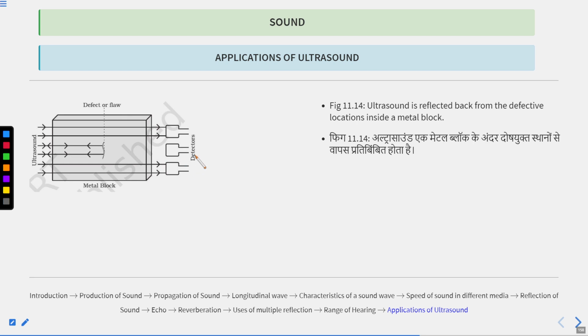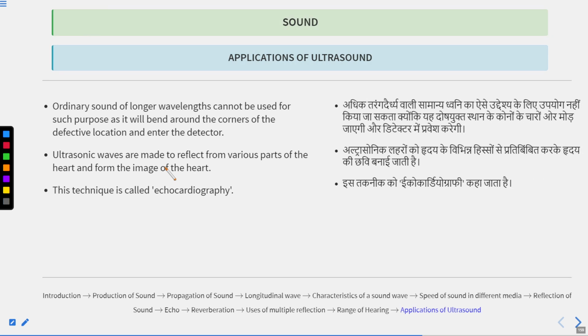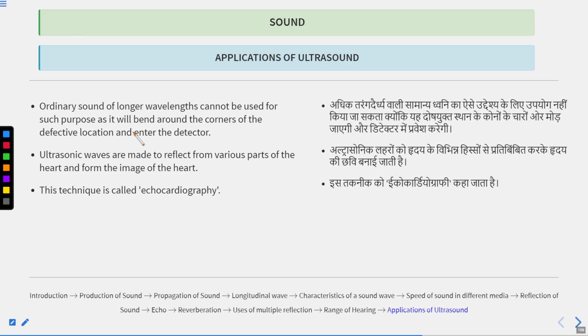If the detector is not detecting any wave, it means there is a flaw in the metal block, and we will not use that metal block for the construction. So the structure of the building will not get compromised. That is the second application: ultrasound can be used to detect defects in the metal block.